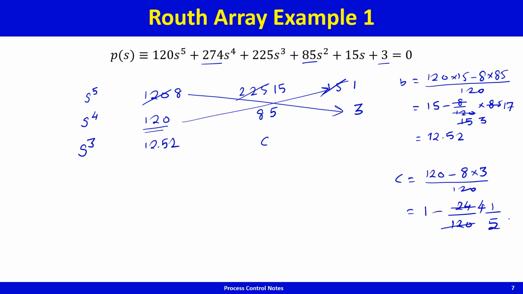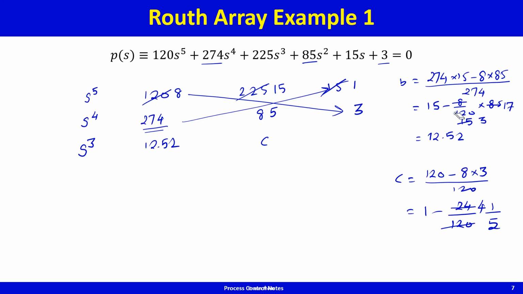See, I made a stupid mistake, and the stupid mistake is as follows. This is 274, and therefore it is 274 times 15 minus 8 times 85, divided by 274.